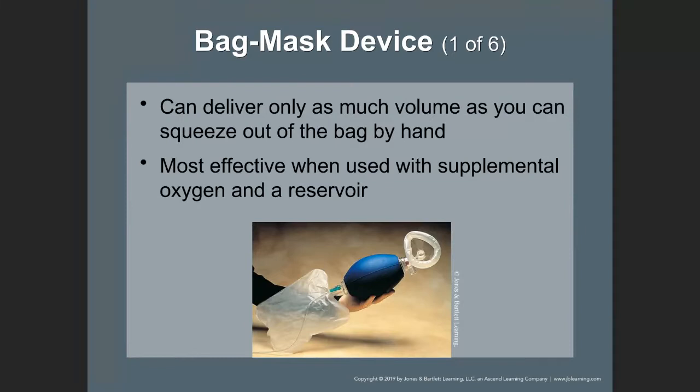of the mask. Your bag mask device, or BVM, bag valve mask, can deliver only as much volume as you can squeeze out of the bag by hand, and is most effective when used with supplemental oxygen and a reservoir. The ideal technique is going to be two-person.